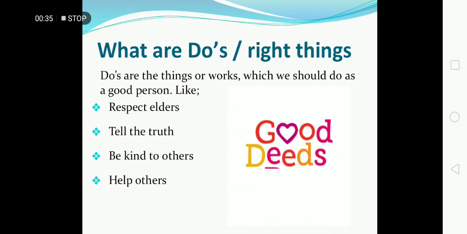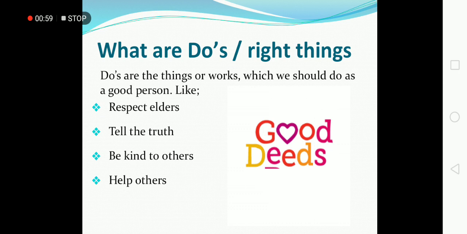Okay, my dear students, you spend as much time in school as you spend at home, and you learn many things or habits from home, friends, and other fellows. Some things or habits are called the good ones, which we should do to be a good person or a citizen.